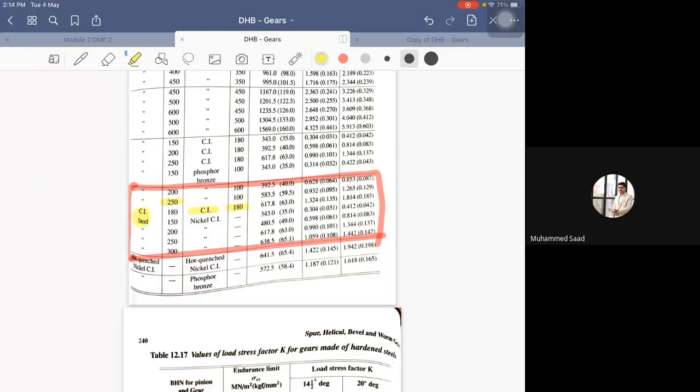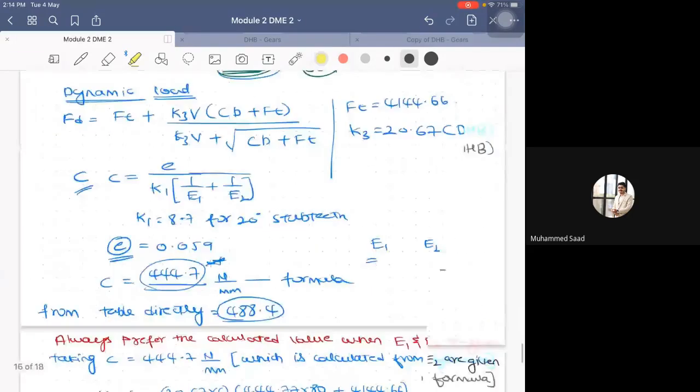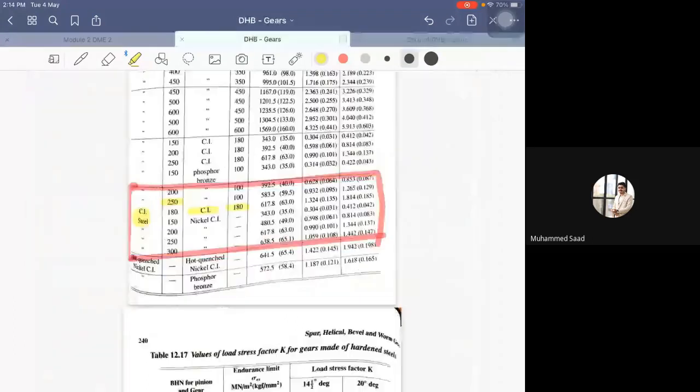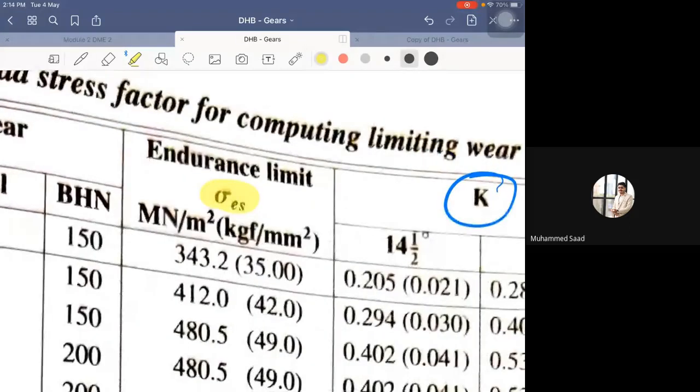And so E1 and E2 are given in the problem, right? As we have calculated the dynamic load, E1 and E2 are given in the problem. So in that case, you just have to pick the value of the endurance limit. See here, all of you just zoom it out. The endurance limit is sigma suffix es, and the unit you have to pick up is mega Newton per meter square.